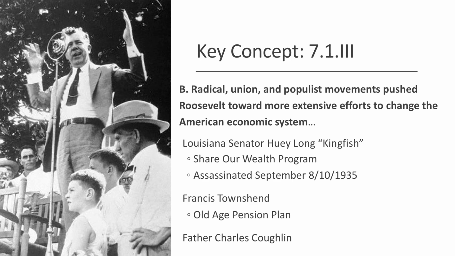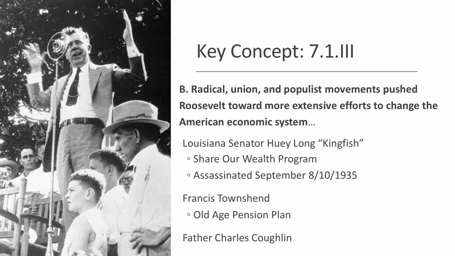He wanted rich people in America to give every person in America who wasn't rich $5,000 a year. Share our wealth. Does this sound familiar, by the way, in 2020? Telling the rich, the multimillionaires, the billionaires, give some of your money to the poor? Think about that for a second.